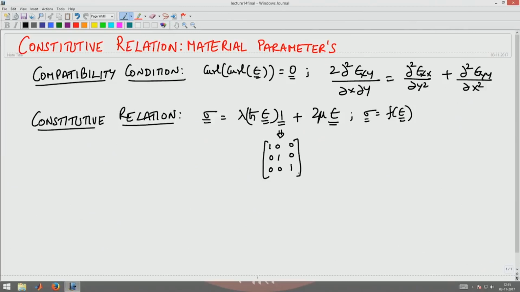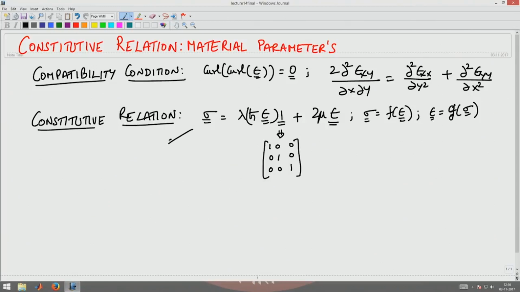Okay. Now, we began with the assumption that the stress is a function of strain, but I can do the same thing and derive the same constitutive relation where I write epsilon, the strain, as some function of the stress sigma. In particular, I want to invert this relationship between stress and strain to get strain as a function of sigma. To invert this, first I have to take the trace of this relation.